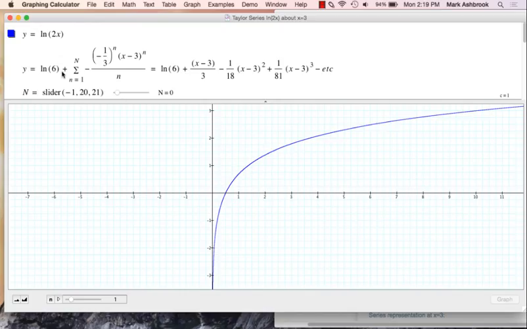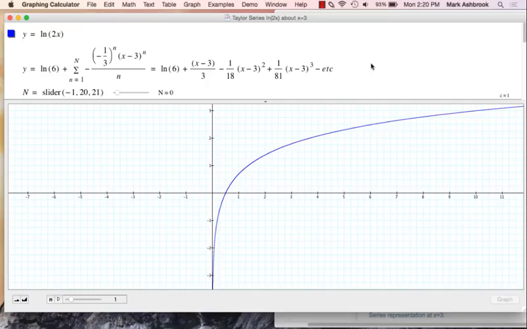So I got ln of 6 plus the sum from n equals 1. So I did negative 1/3 to the n and then the opposite. So that altogether is the same as what we got. Negative 1 to the n times 1/3 to the n times x minus 3 over n. So are these the terms we got? They should be.